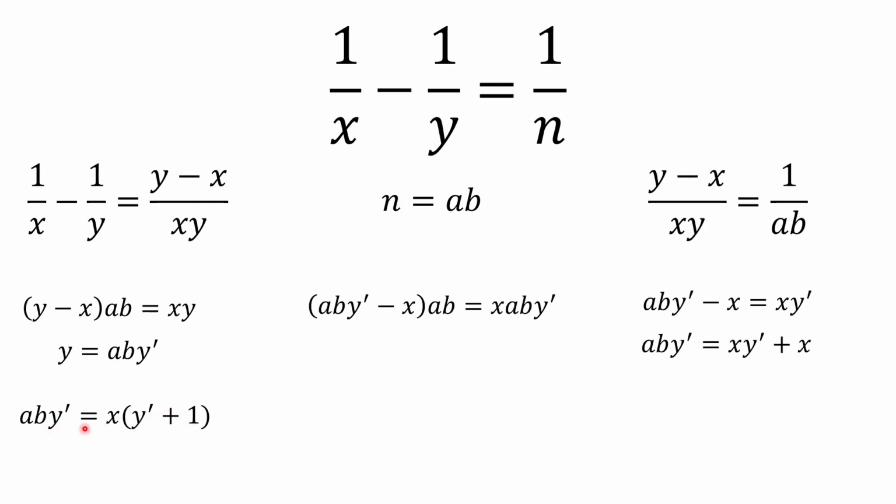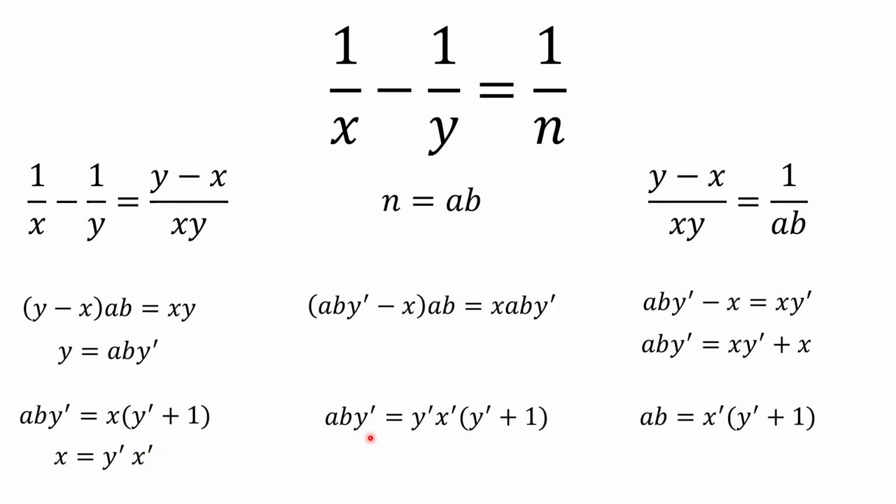In this case, it means that x must contain the whole y prime, because x is on the right side, y prime is on the left side, and this other number is prime with respect to y prime. This means I can write x as y prime multiplied by x prime. And then I can replace this, so instead of x, I put y prime multiplied by x prime. And obviously y prime with this disappears. We get to this equation: ab is equal to x prime times y prime plus 1.